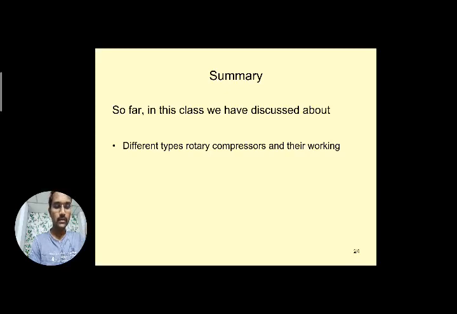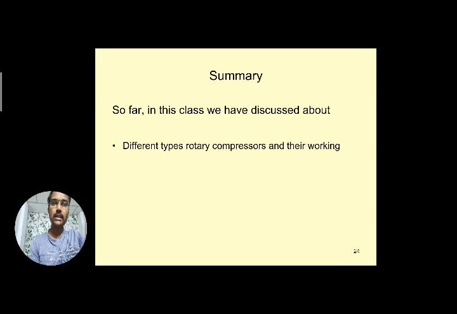We saw why it is named a rotary compressor, and then the types of rotary compressors. We saw the roller type, how the roller is used and why it is named so, and the working of that roller compressor. Next we saw the vane type, how the vanes are used in the rotor, and how they compress.